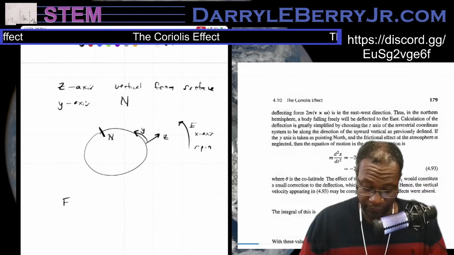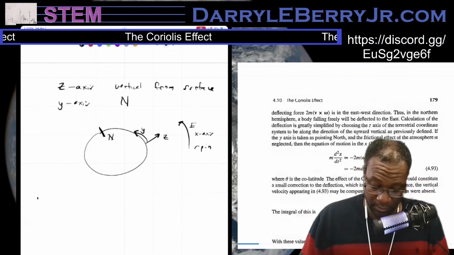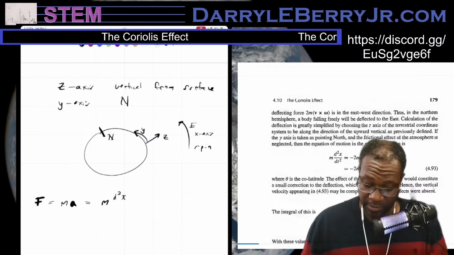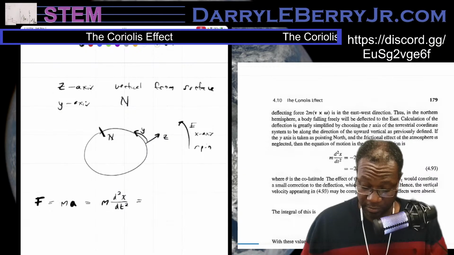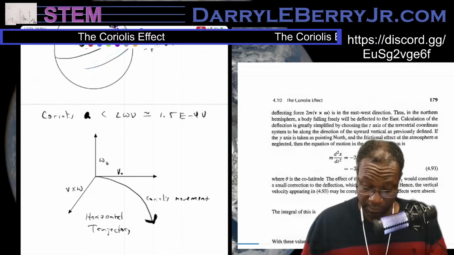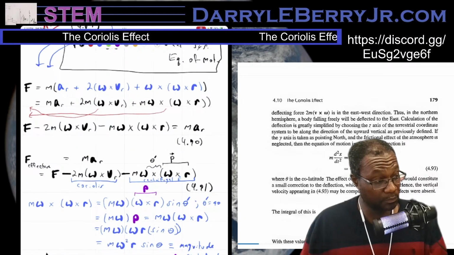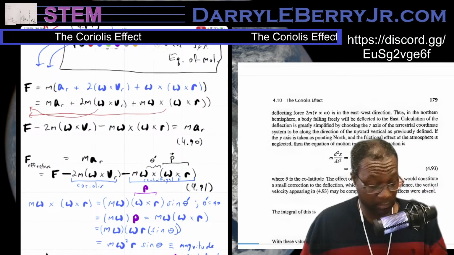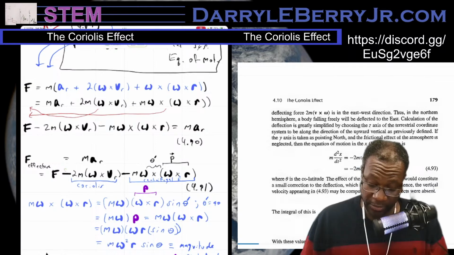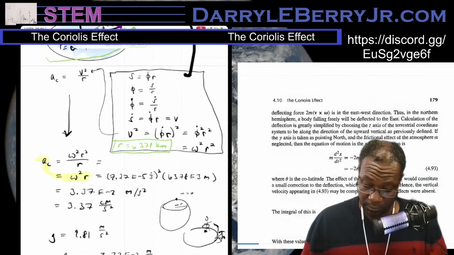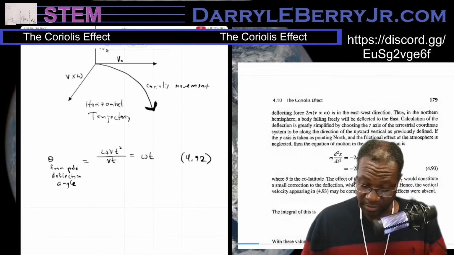So F equals ma equals m d squared x over dt squared, which equals, right. So we just take the Coriolis force directly from the equation and put that in for the acceleration.